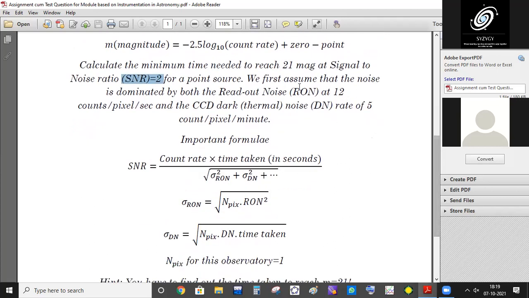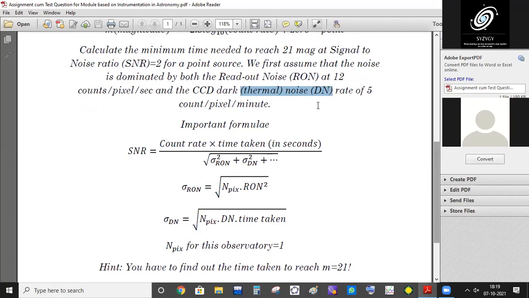We first assume that noise is dominated by both readout noise and dark thermal noise, that is the CCD readout noise and the dark thermal noise.